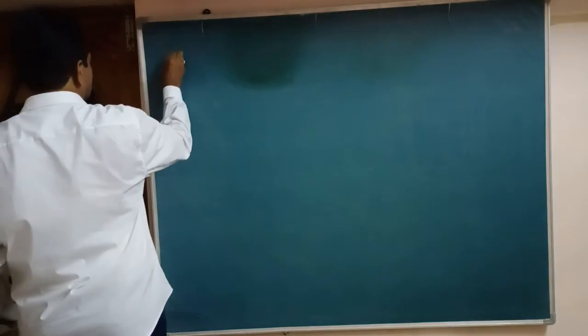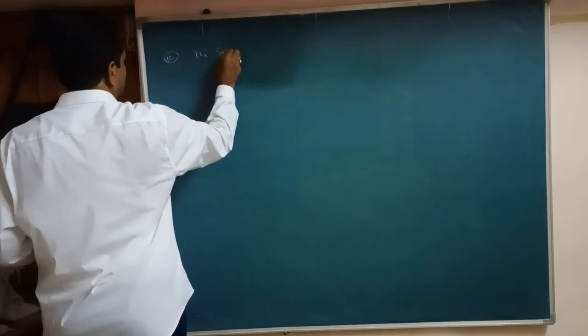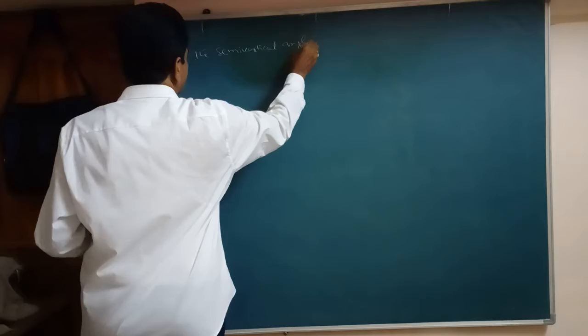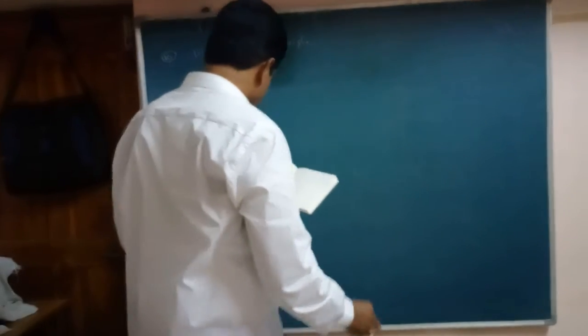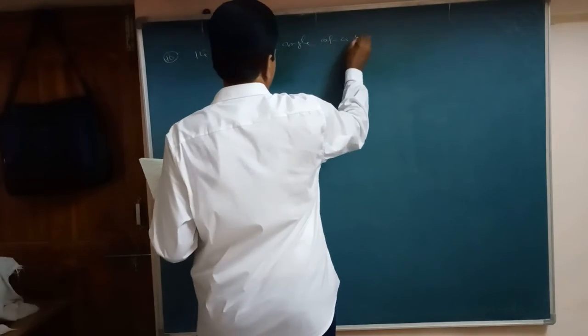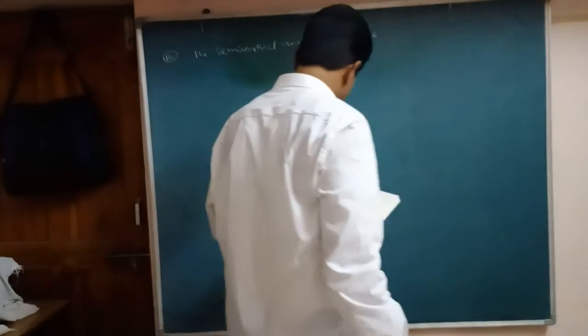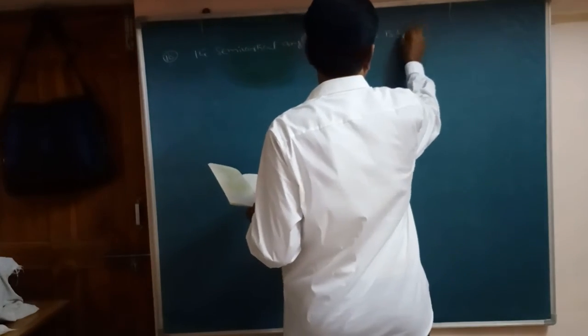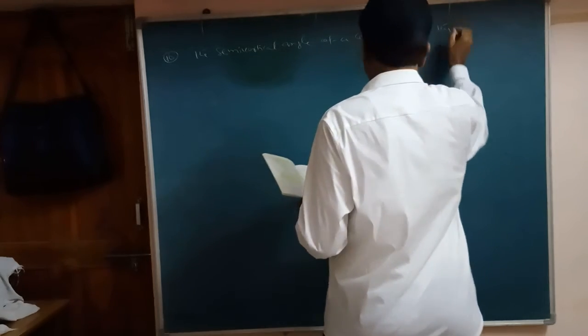Next. Yeah, 10th one. The semi-vertical angle of a cone is 45 degrees.